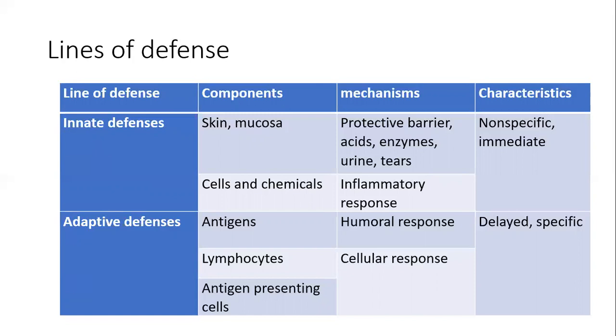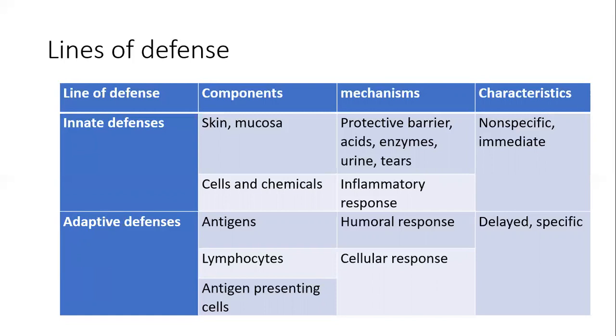And also the fact that it goes out, so it's pushing things out, it's not bringing things in. So when you're urinating, you're flushing your bladder. When you're crying, you're flushing your eyes and nose. So those are also some physiologic mechanisms. And then the characteristics of the innate defense systems are that they are non-specific and immediate.